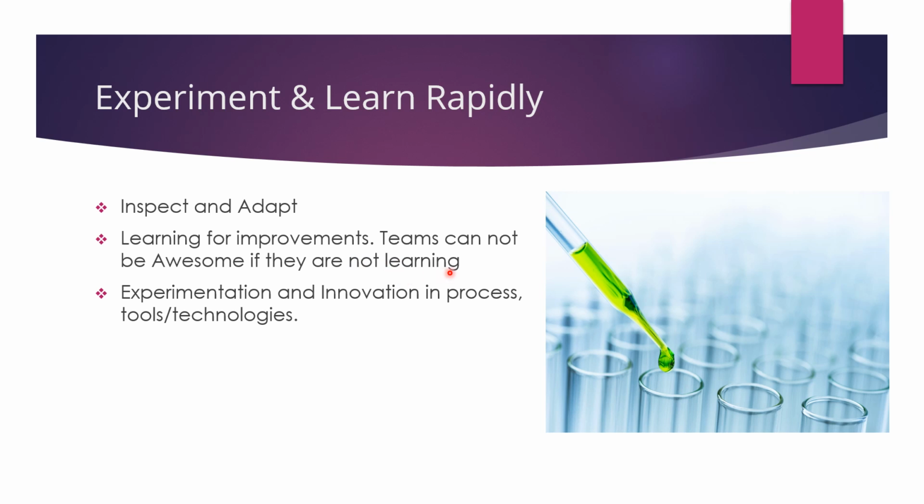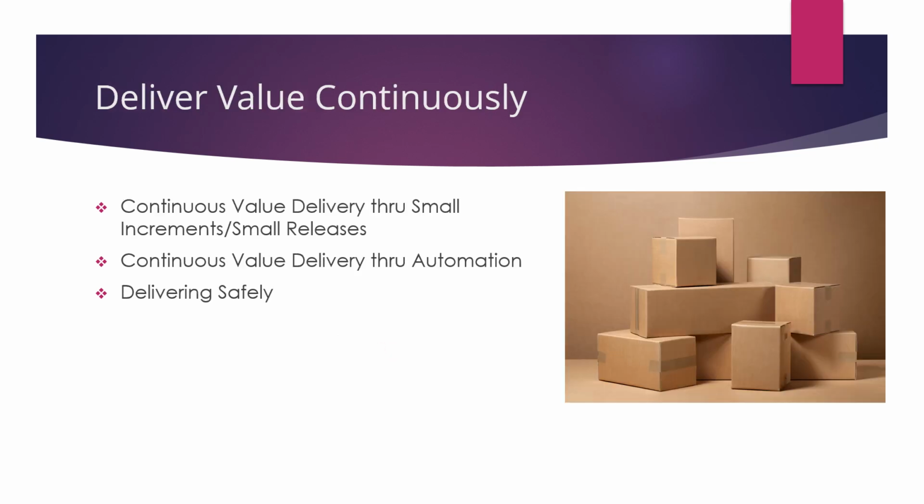We cannot expect a team to become awesome if they are not learning. Experimentation and innovation in process, tools, and technology are very important. If we have to continuously improve, we have to continuously learn. We also have to emphasize innovation. If some technology is outdated and there are ways to improve our current product and the experience of customers and users, go for the new technology. Innovation is very important.